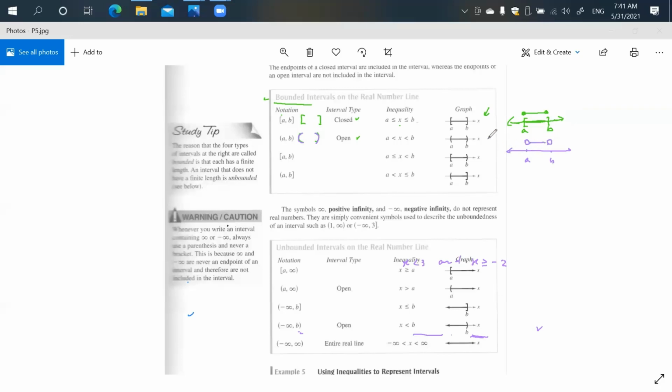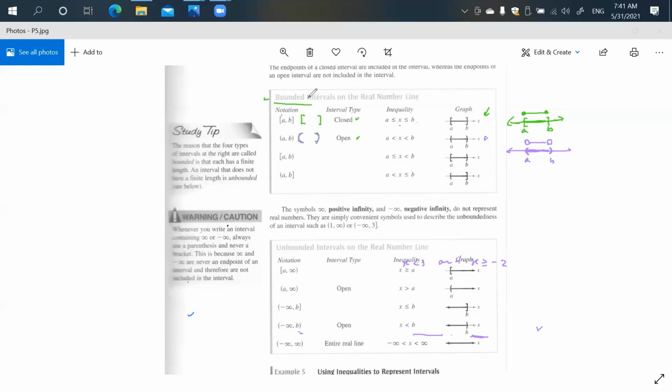But if you want to follow the text, the handout here, if they use a bracket open like this on the number line at A and B, then you must draw one more dark color here. It can be another color or black, up to you.